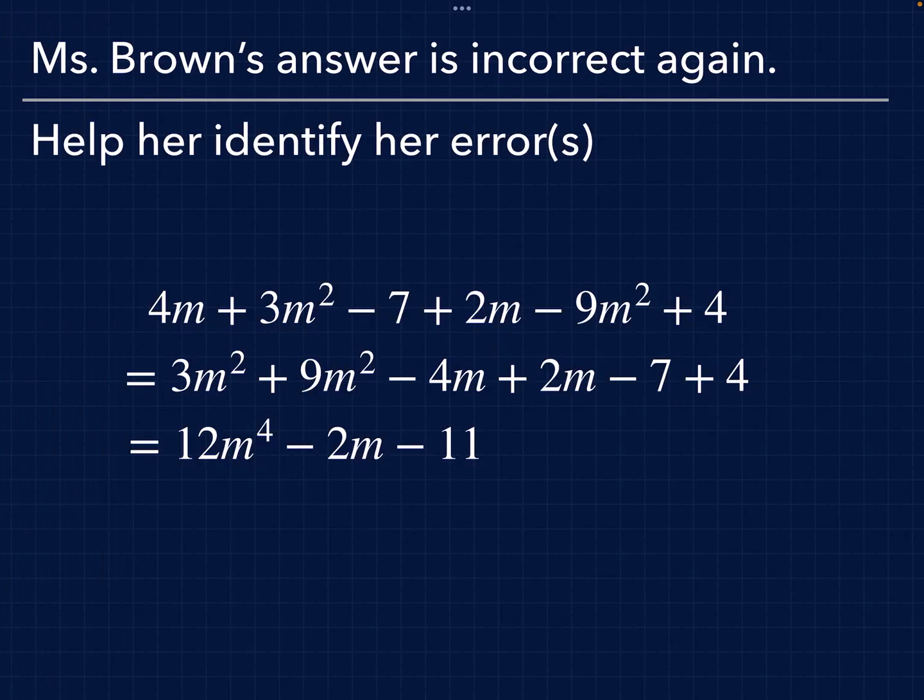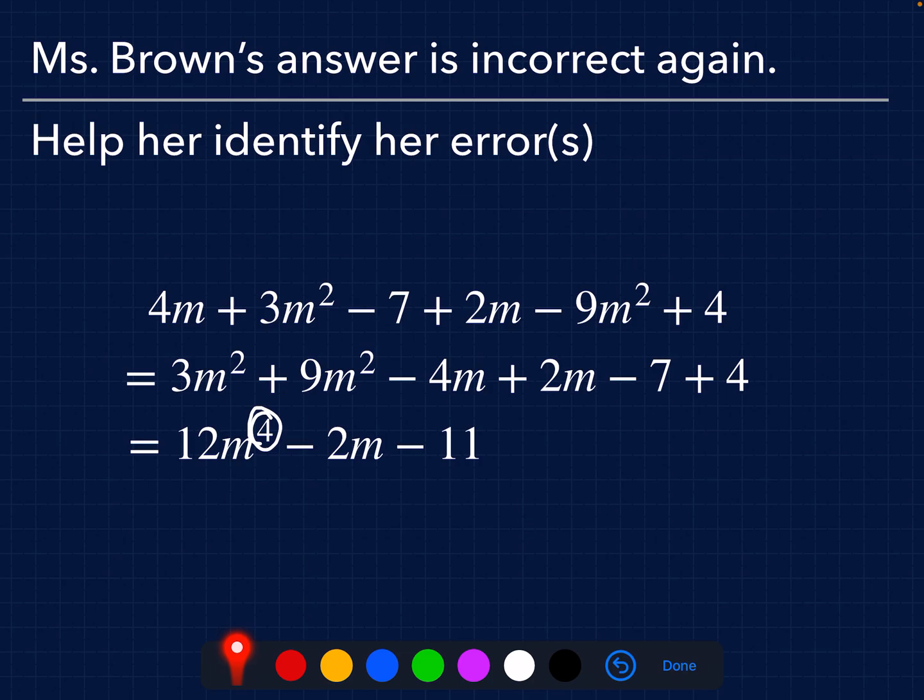All right, so to identify these errors, students first notice that I have a power of 4 here. We haven't done anything with a power of 4 in class, so I think they probably thought something weird was going on there. They realized that what I did was I added these two exponents together to get a 4, and they reminded me that when I'm collecting like terms, the exponents do not change.